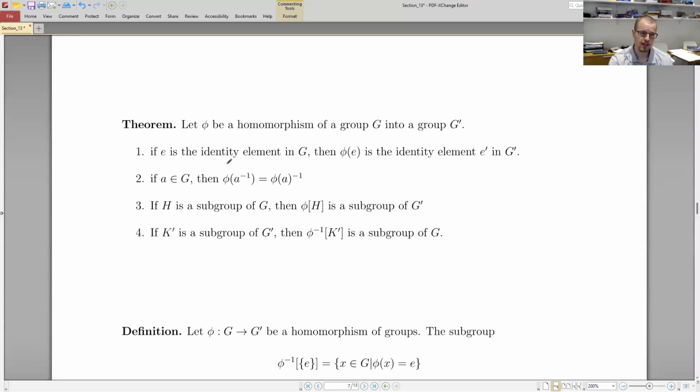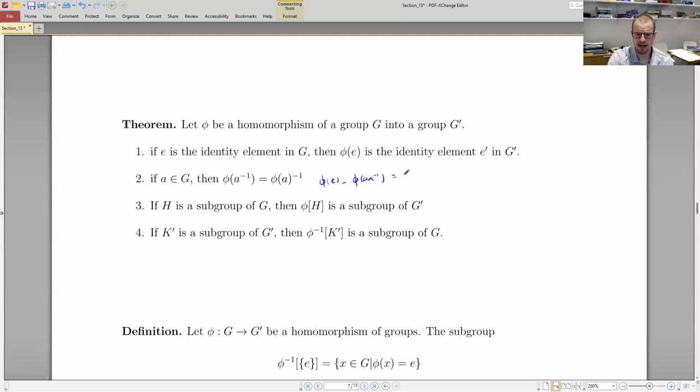If A is in G, then the image of the inverse is the inverse of the image. Well, that's no surprise because I need to satisfy the homomorphism property. So if I have phi of A inverse, that's phi of E, of course. That should result in E, the identity in G prime.